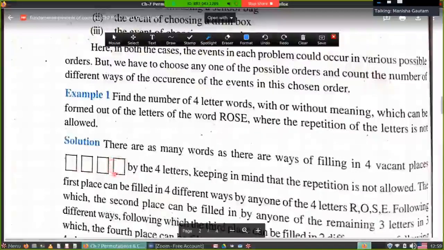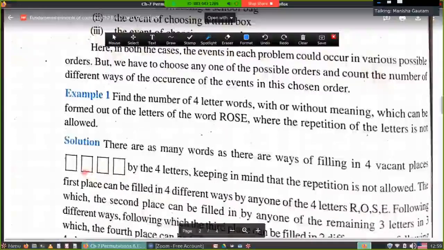The first place can be filled by any of the letters R, O, S, E. How many ways to fill the first place? 4 letters are there, so 4 is the chance. For the second, if 1 letter is put here and 3 letters are left, you can fill it in 3 ways. It means the second box can be filled using 3 letters, and the third box can be filled by 2, because 2 are already used and only 2 are left.